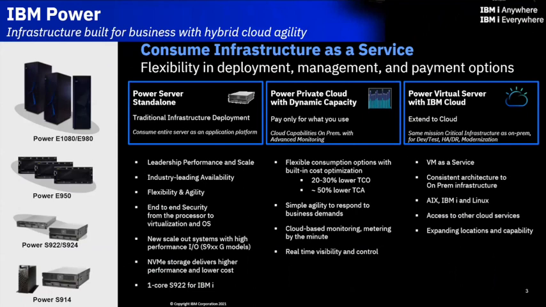On the left, you can see Power Server Traditional. If you're a customer that buys a system, sizes it for peak, and buys it for 3 to 5 years, you run that system until you go to the next generation, unless you run out of something or want to expand. We still sell those systems. We've been selling Power9 systems since 2018, and now we're just starting to roll out Power10 systems.